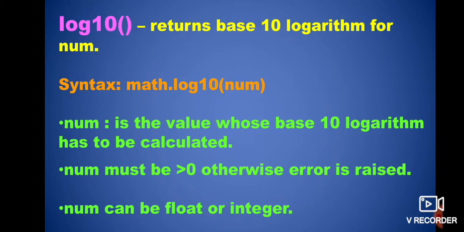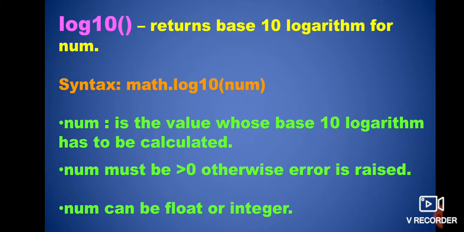Next is the log function. Log function is the function which is used to calculate log base 10 in Python. So whenever you need to calculate log base 10 of something, then you use this function and you have to simply pass the number whose log base 10 has to be calculated.